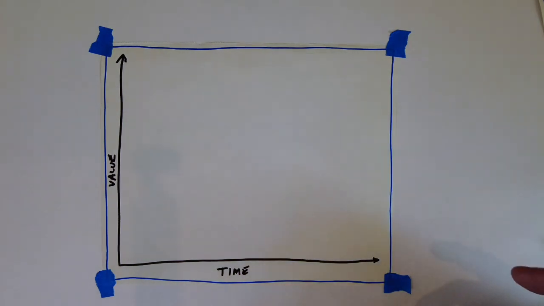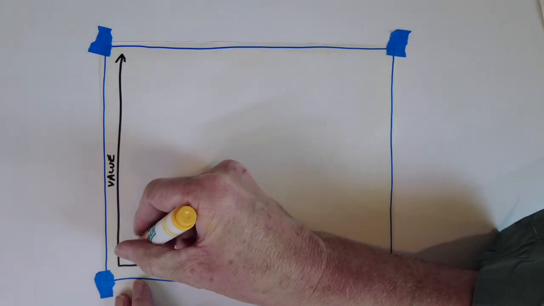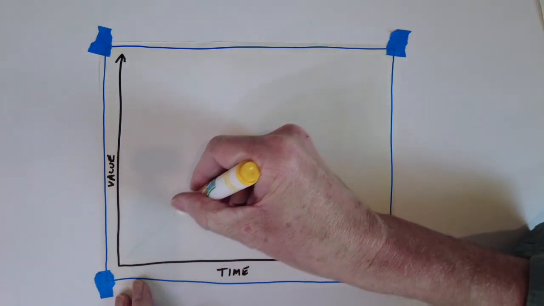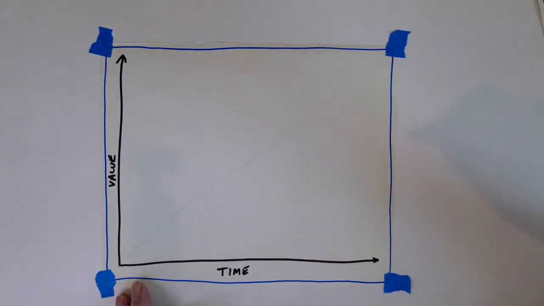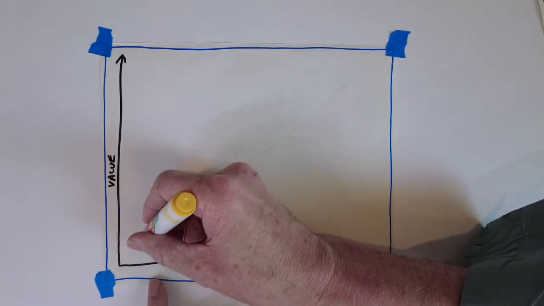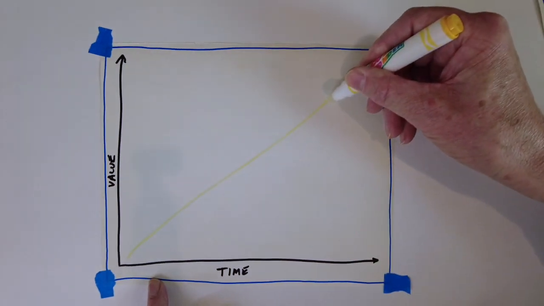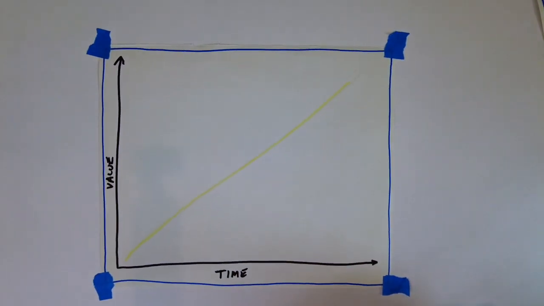If we believe that any one feature isn't more valuable than any other, we can do them in random order. And if we were to build them in random order, the value delivered over time would average out to a fairly straight line, something like this, because we're going to do all of them.